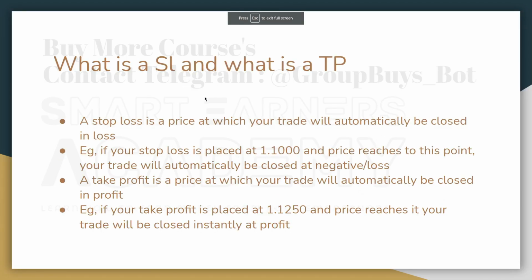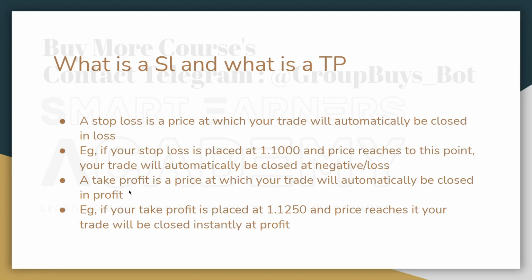What is a stop loss and what is a take profit? A stop loss is a price at which your trade will be automatically closed in loss. An example would be if your stop loss is placed at 1.1000 and the price of the exchange rate reaches this point, your trade will be automatically closed at a loss.